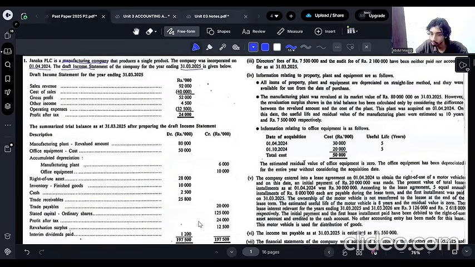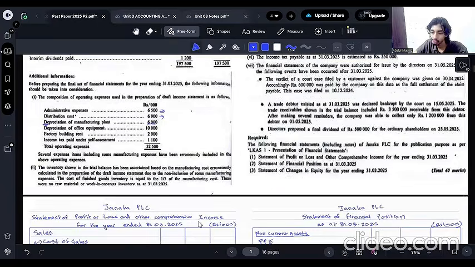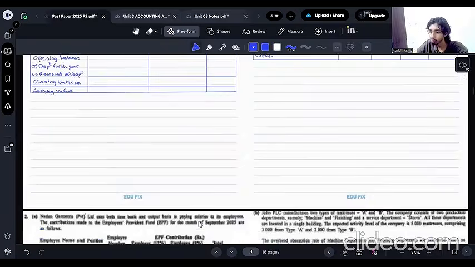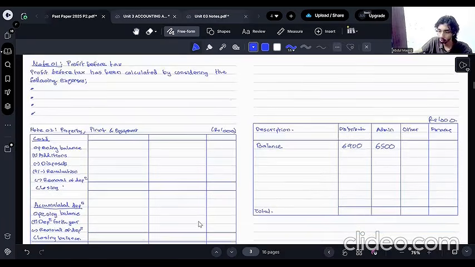There's another adjustment as well. So for now, I'll show here plus 6,000. Depreciation of office equipment. That is an admin expense. Now, if that is wrong, we will have to correct it. But for now, we'll just record it.